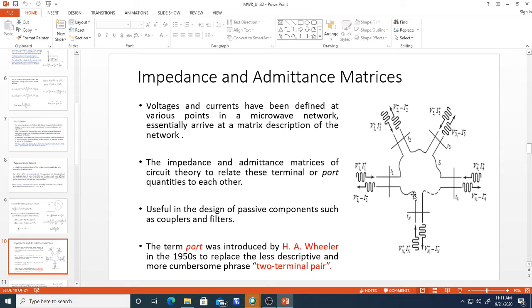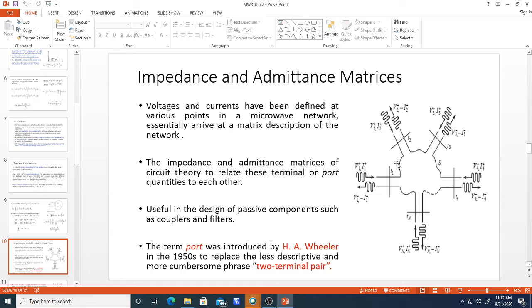Different types of filters are also there, microstrip filters. Like your circuit schematic or circuit components, you can design a low pass filter in the microstrip structure, high pass filter, band pass, band stop filter, all the types of filters, using microwave circuit concepts.